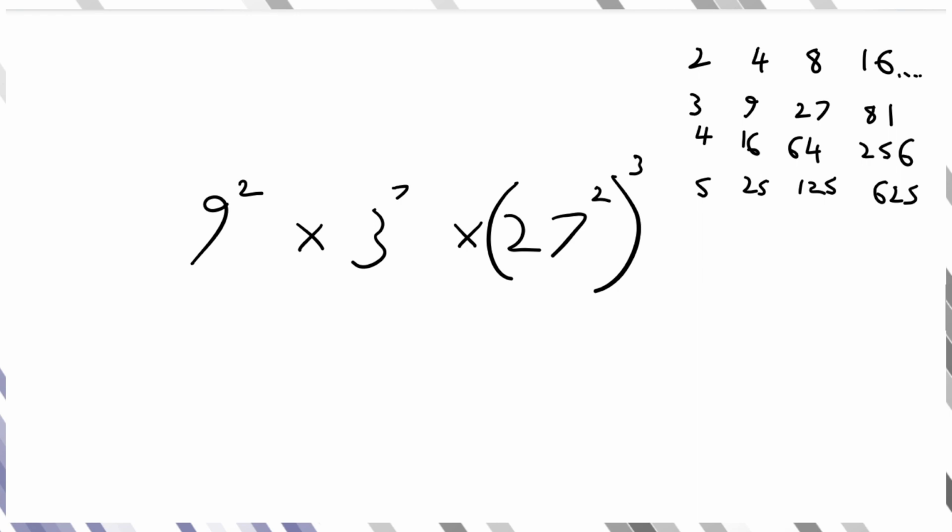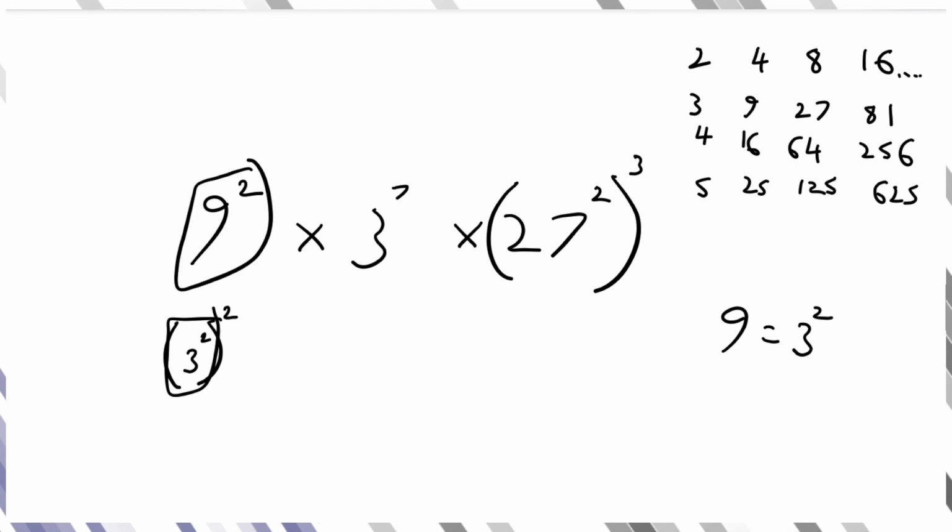Specifically, 9 is 3 squared. We need to replace that 9 with a 3 squared in brackets. So instead of 9 squared, we're going to replace that 9 with a 3 squared, and that has to be squared as well, because that's 9 squared.